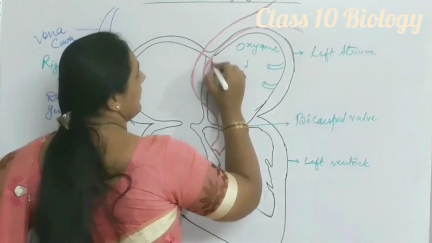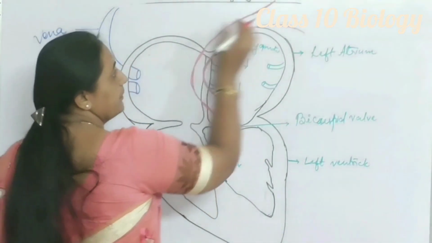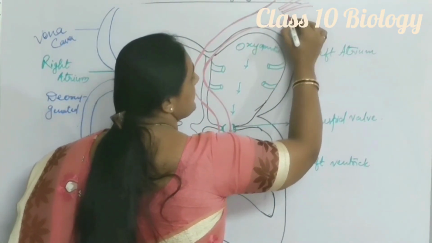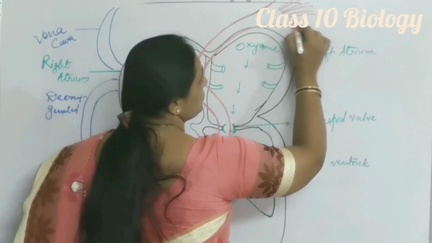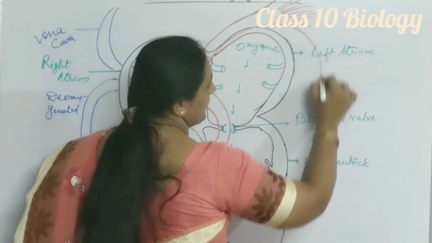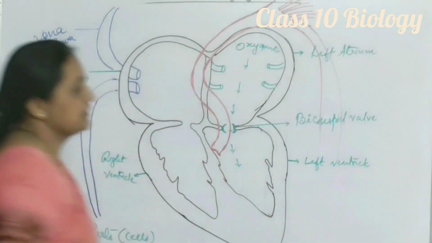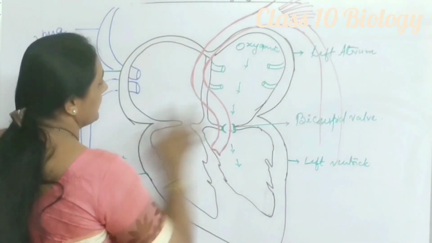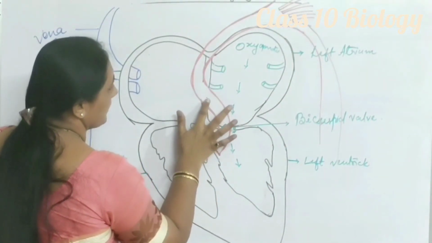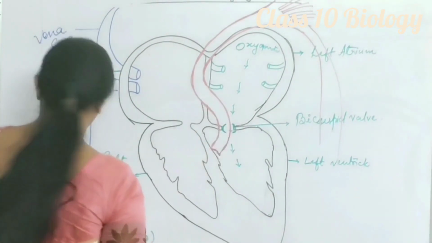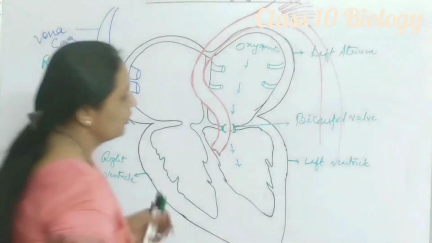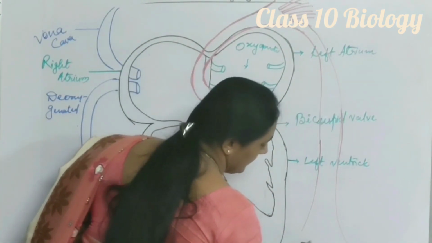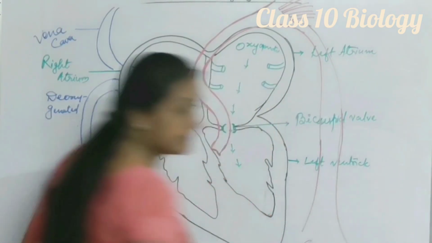This aorta brings oxygenated blood, and further it divides into different arteries and supplies blood to various parts of the body. This is the opening of the aorta. Here the aorta opens. Now this blood flows to various parts of the body, to the different body cells.